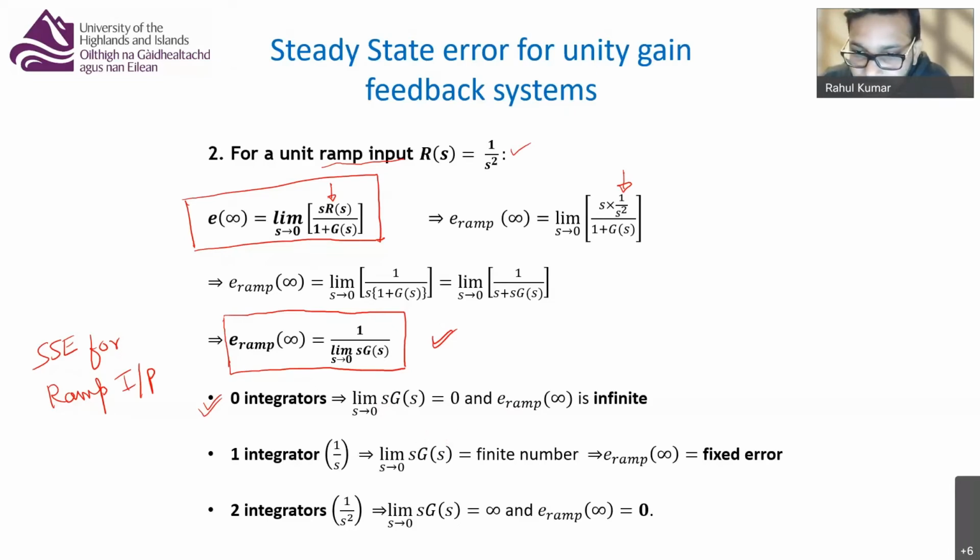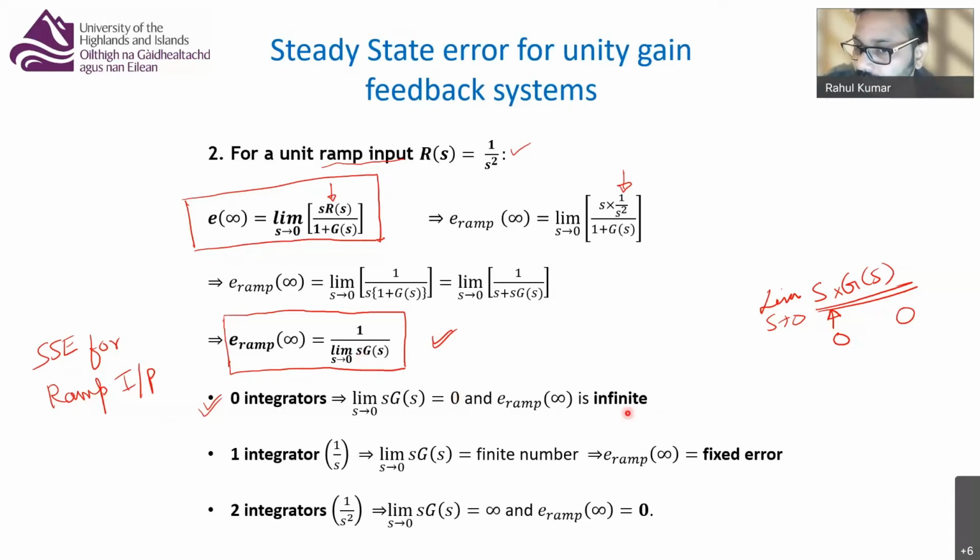So just to highlight that, if you have limit s tending to 0 of s multiplied by g of s, and I substitute this s with 0, this entire factor will become 0. That is, in the steady state error formula for ramp input, the denominator will become 0, and 1 divided by 0 is infinity.